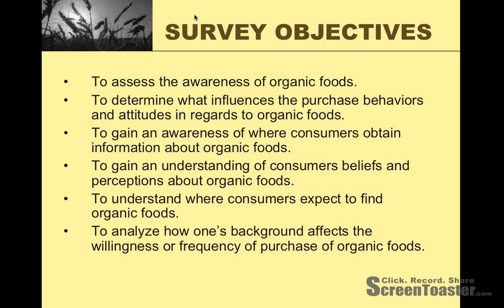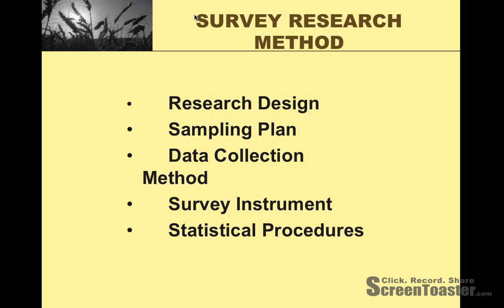We wanted to gain an awareness of where consumers obtain information about the organic foods. We also wanted to understand where consumers expect to find these organic foods. And finally, we wanted to analyze how one's backgrounds affect the willingness and frequency of purchase of the organic foods. And next, Christina will be going over the research methods.